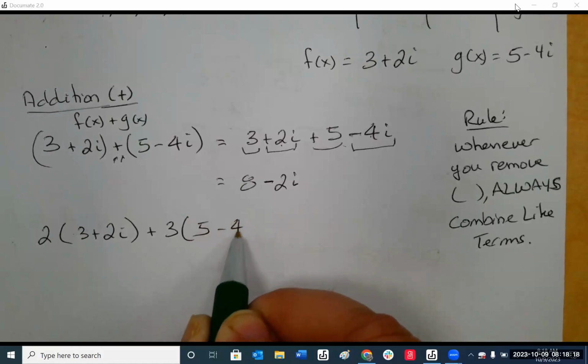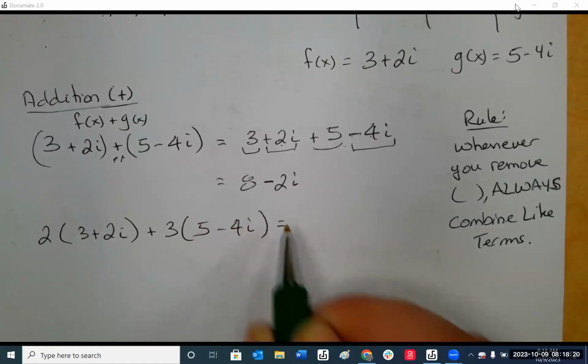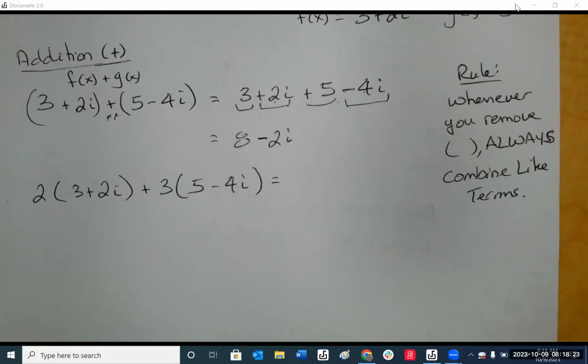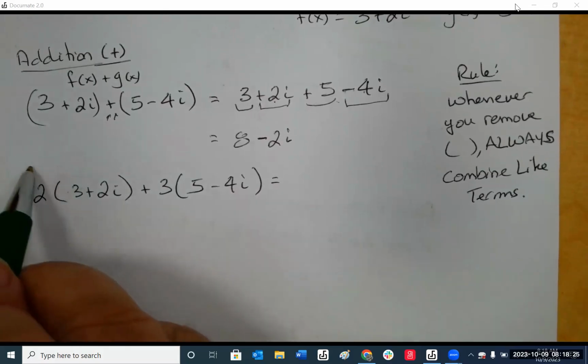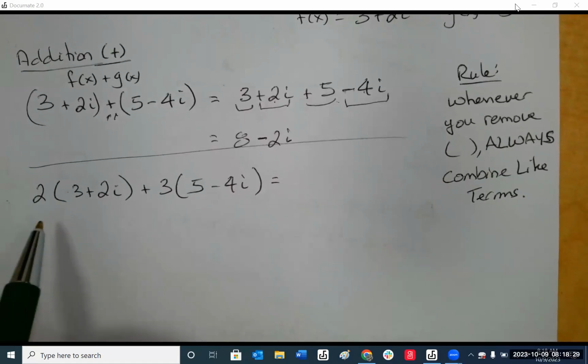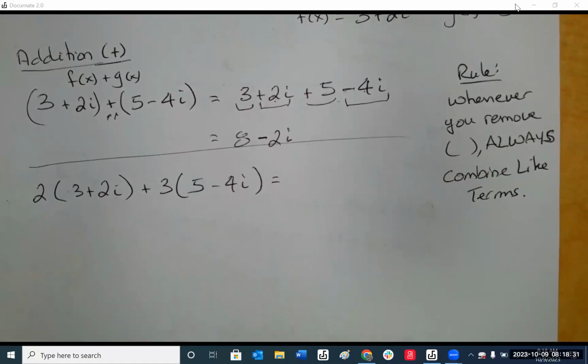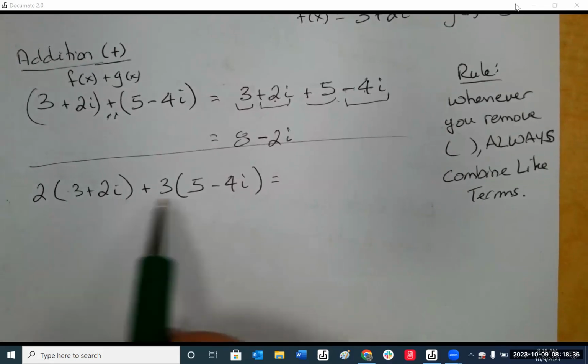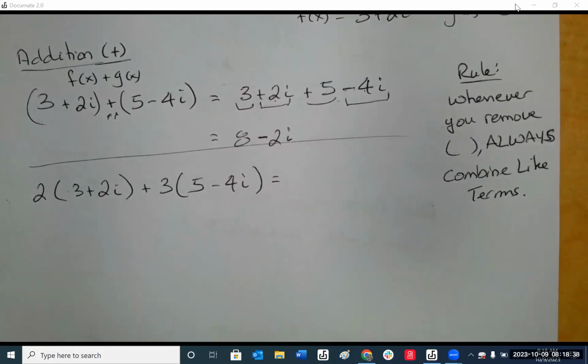What if we had coefficients in front of our terms? Yeah, we first have to get rid of the parentheses. We can't do anything inside it. Order of operations always is in play. We can't do anything inside the parentheses, so we have to get rid of the parentheses.